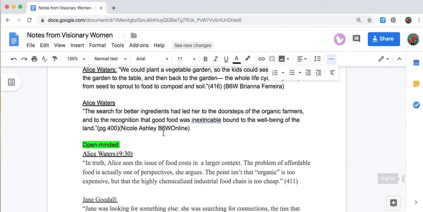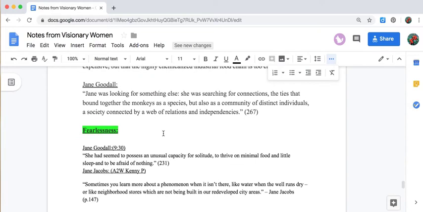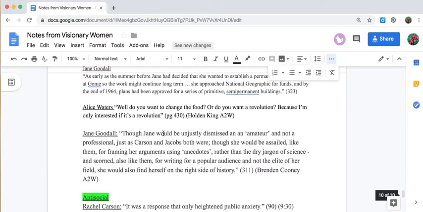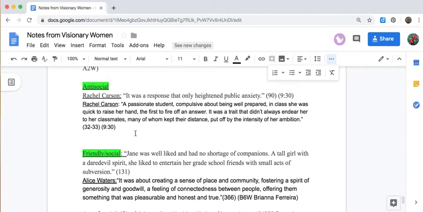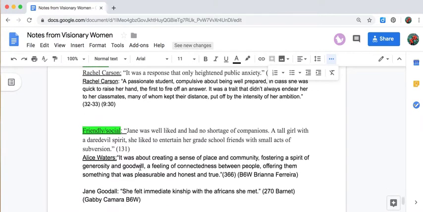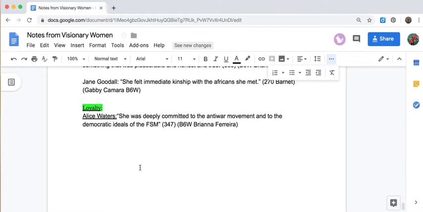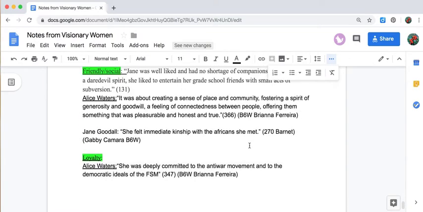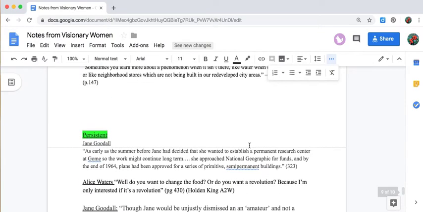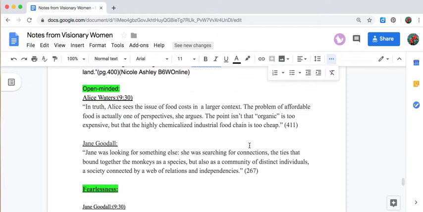I think those are interesting distinctions. Open-minded, fearless, persistent. Okay, so people are getting a good social, antisocial, and social. I think that's interesting to have both of those. Loyalty. Okay, so it seems like some of the online students are jumping in, which is good.